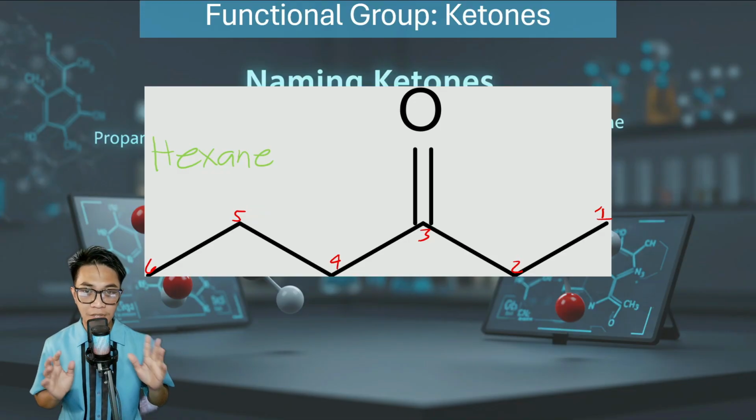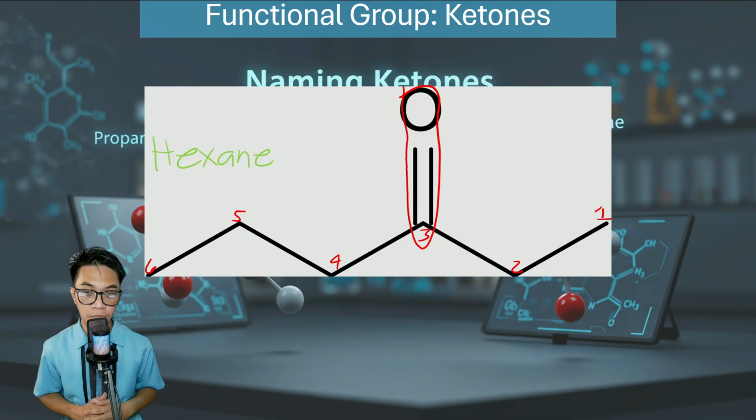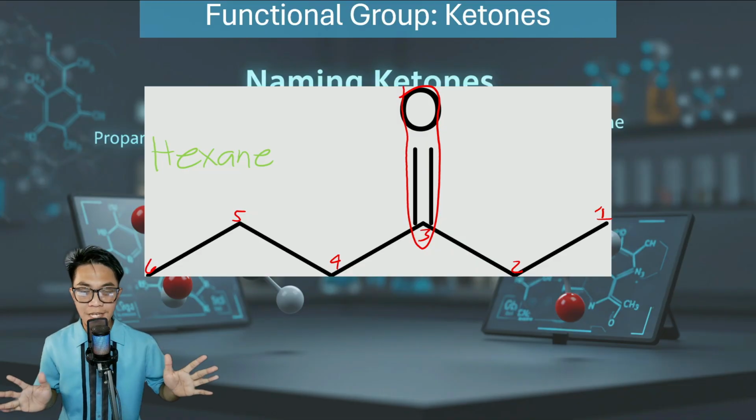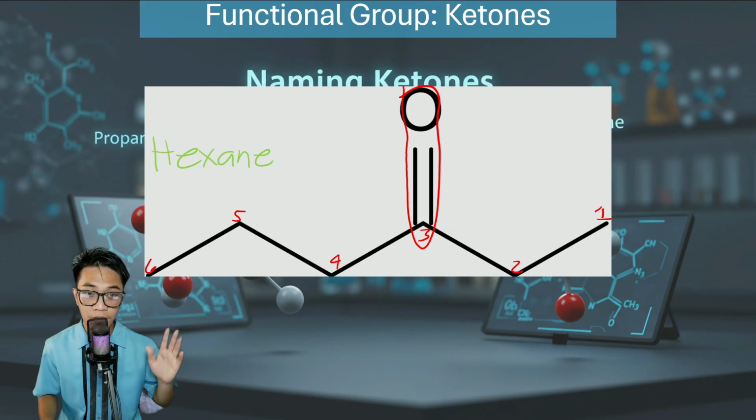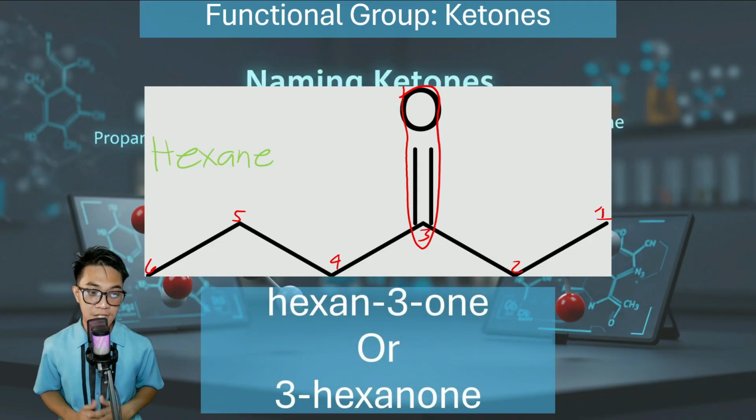Now, it's time for us to specify the location of our ketone, which is located on the third carbon. And do we see any substituents or branches? There are none. So it's now time to give this a name, and the name of this example is hexan-3-one or 3-hexanone. So that's just how simple it is to name our basic ketone.